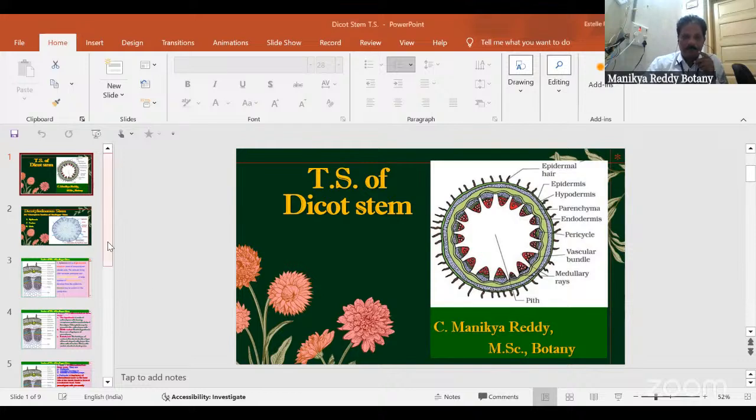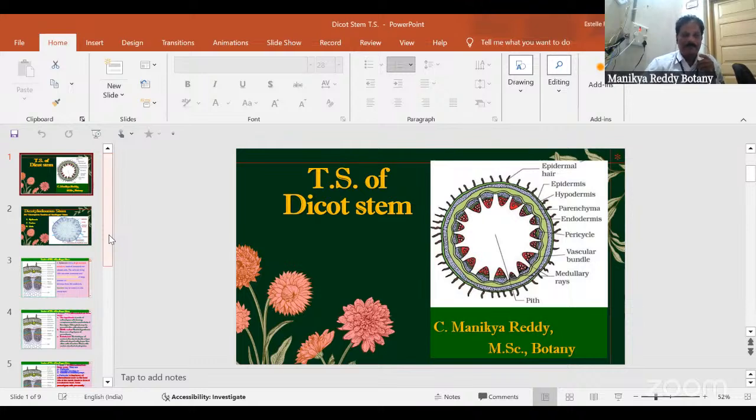See, this is epidermis. This is cortex. The entire circular portion is called stele. It is like a central column. It occupies a large part of the primary dicot stem.